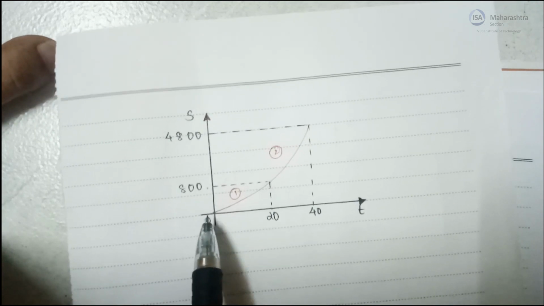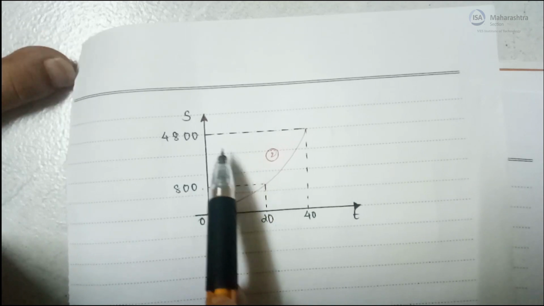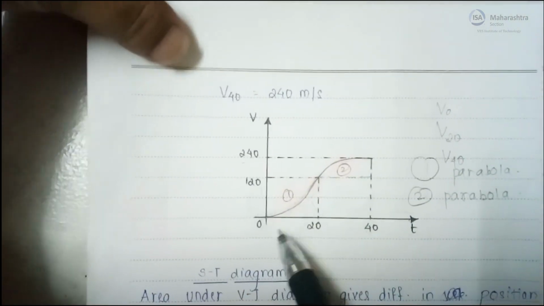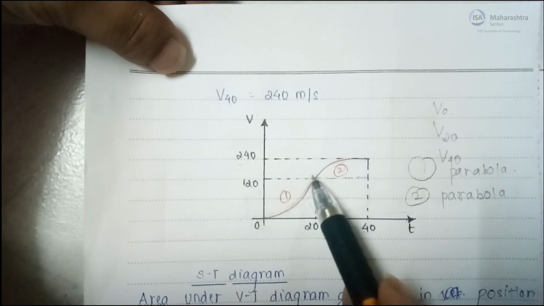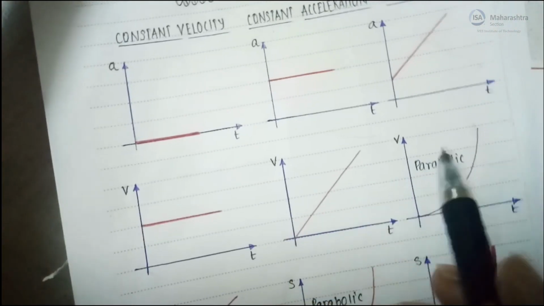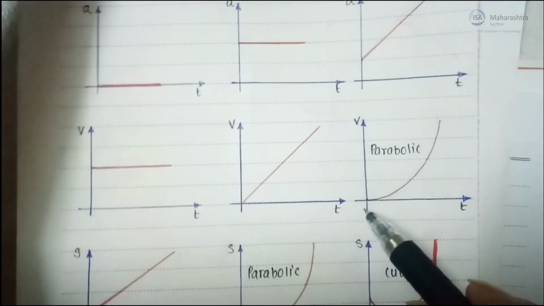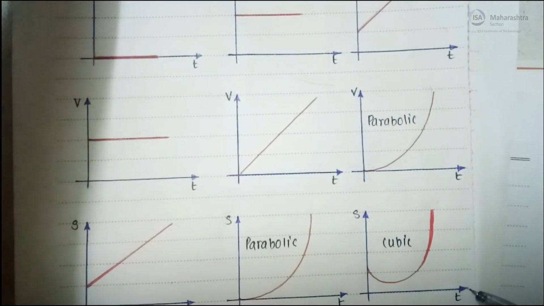Just look, the velocity plot from 0 to 20 was an upward parabola, so in our list we check: for position time, it comes out to be a cubic curve. So this is a cubic curve.